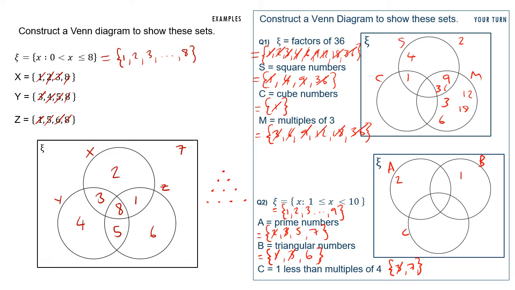That's all 3, so that goes where they all intersect in the middle. We're also left with 8 and 9 outside, and hopefully that's what you got.